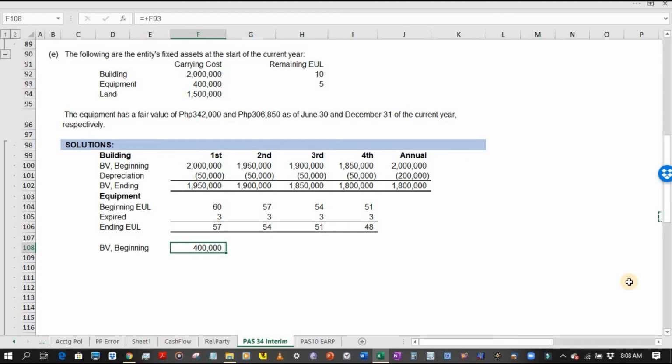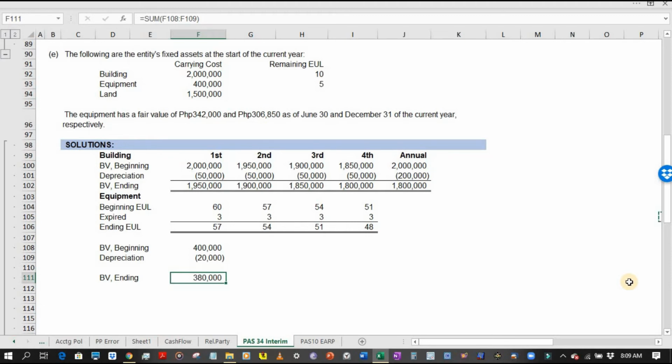So as of this date, the remaining useful life is 60 months. So the depreciation expense for 3 months is 20,000 pesos, and that is 400 times 3 divided by 60. So the ending book value of the equipment, as of March 31 of the current year, is 380,000 pesos.